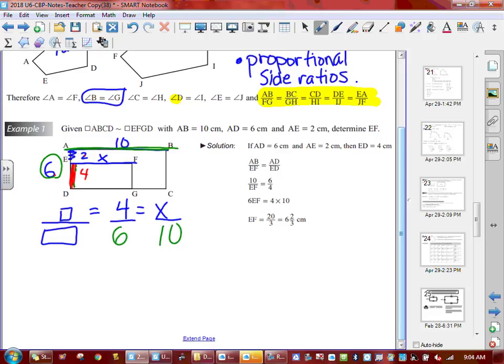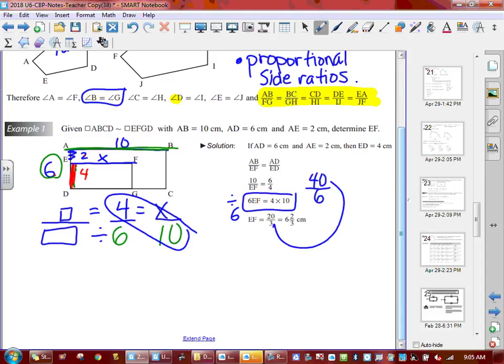Now we've got our ratio set up. Okay, those are our side ratios. Now we're going to cross multiply and divide. So we multiply this way, which they're showing us right here. And then we divide by the 6. And that's what they're showing us right here. They're dividing by the 6. This is showing a reduced form, because you would get 40 over 6, but that reduces to 20 over 3.